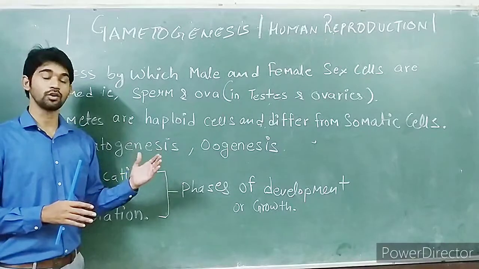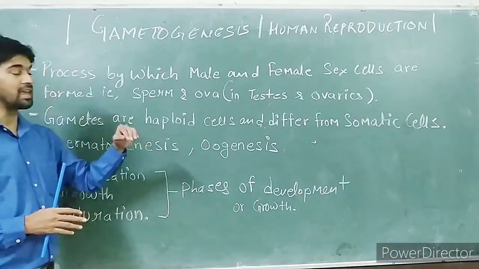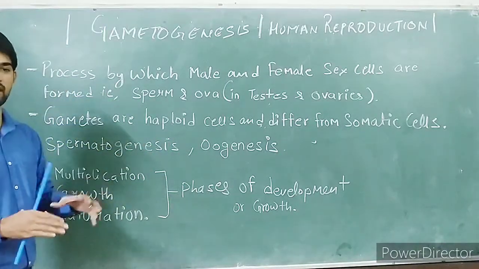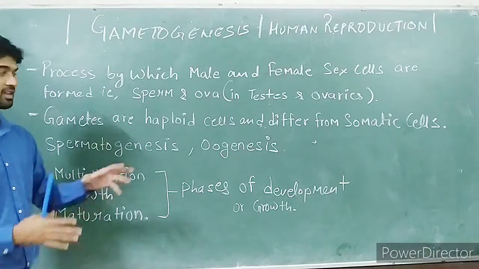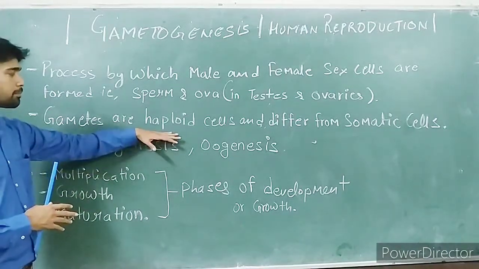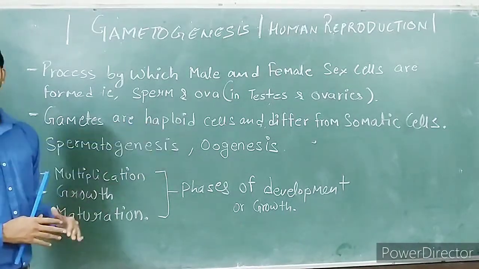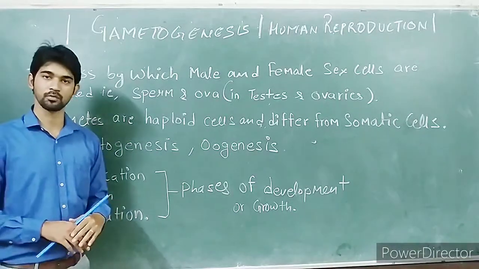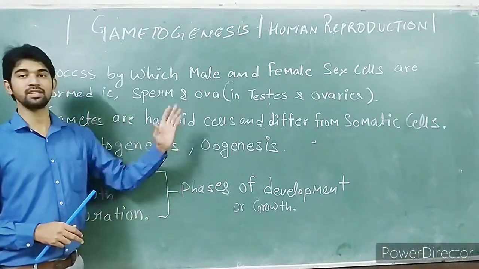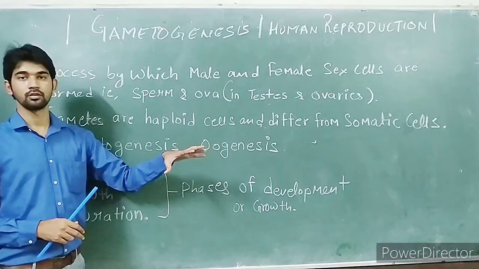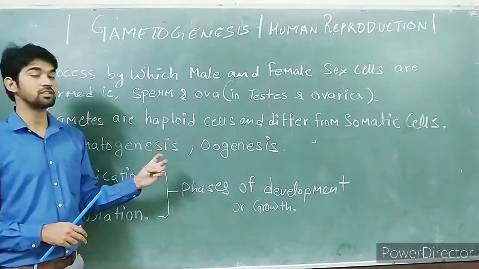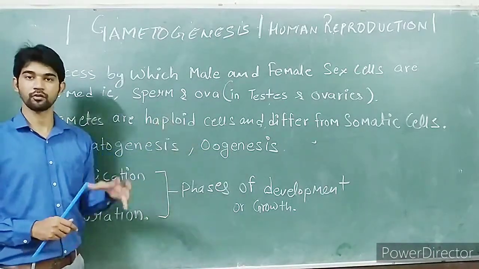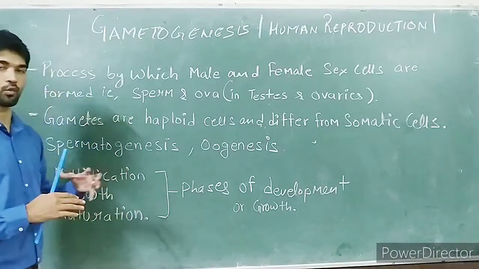Why? Because they need to maintain the chromosomal number after fertilization. And this is why the haploid cells will always contain half the number of chromosomes, which means 23 chromosomes: 22 autosomes and either X or Y.